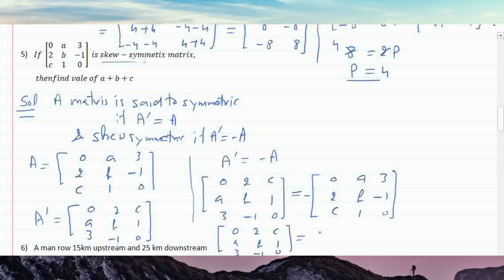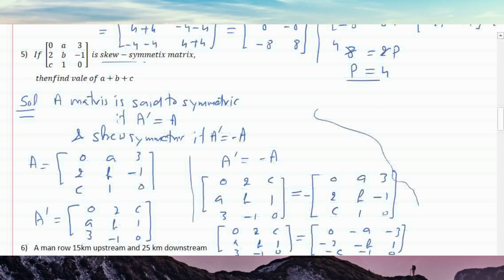Here you can multiply, children. So we are getting 0, minus A, minus 3. This is minus 2, minus B, 1, minus C, minus 1, 0. Okay. Now you just compare these entries.